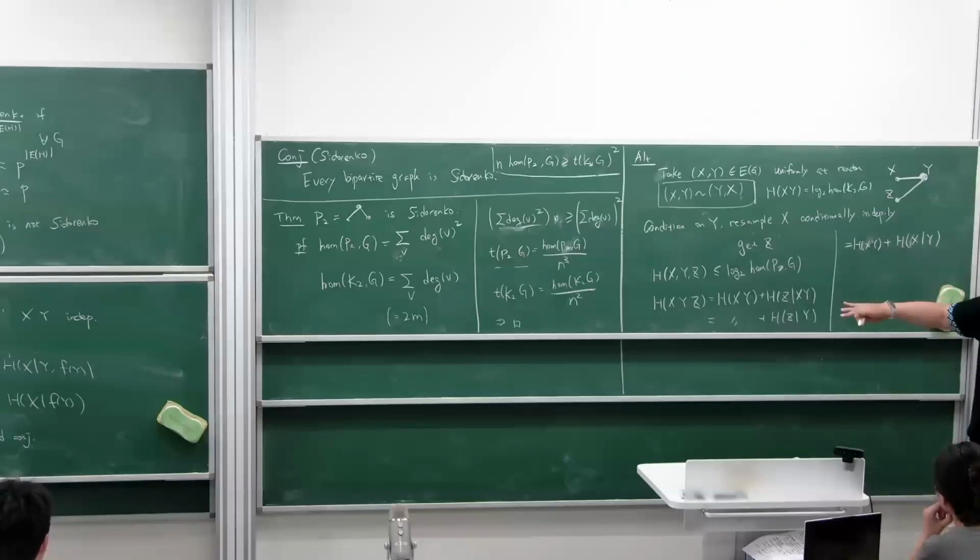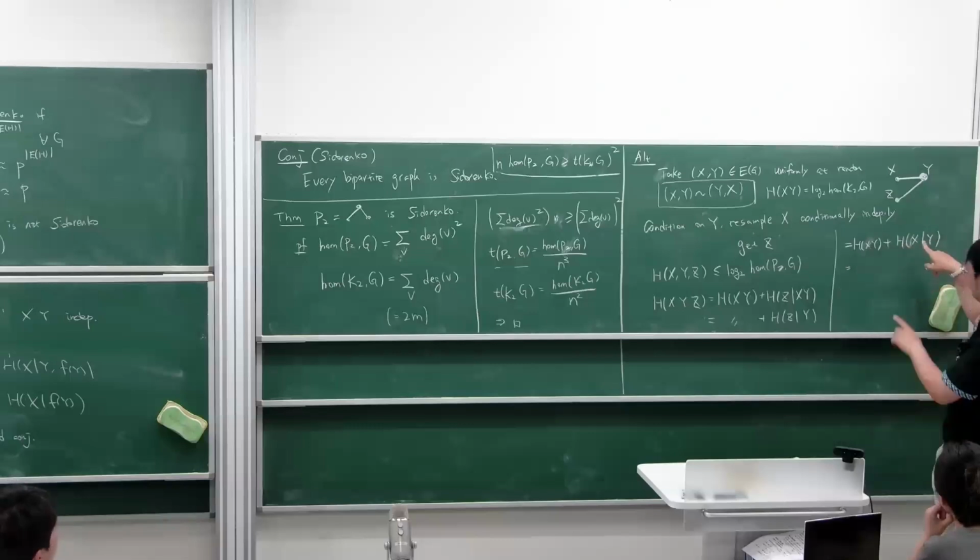So now we successfully rewrite this entropy in terms of the entropy of x and y with some conditional terms. And remember, our goal is to connect this with the edge density. So I might want to decompose this one, using the definition of conditional entropy to write this as h of xy minus h of y. So you get two copies of h of xy minus a copy of h of y.